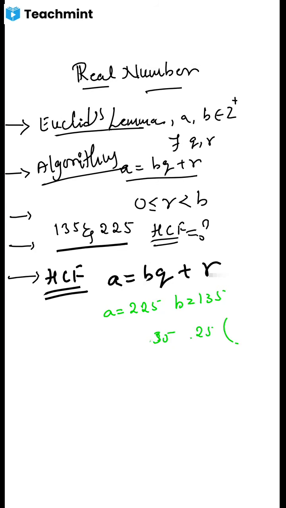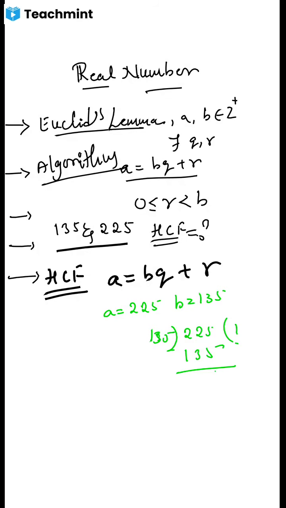The value is not there, but the nearest value is there, 135. Subtract that. How much are you getting? 90.